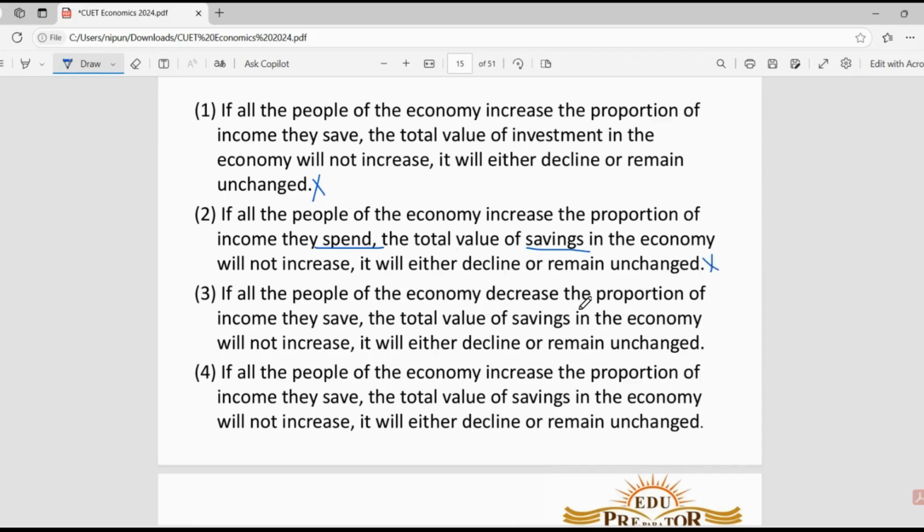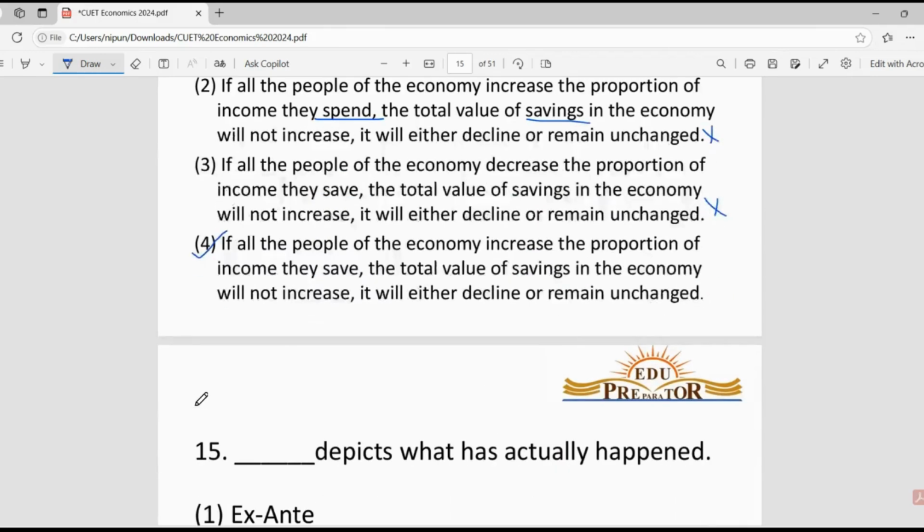If all the people in the economy decrease the proportion of income they save, if all the people tend to save less, the value will not increase. No, this is also incorrect. If all the people tend to save more, the total value of the saving will not increase. It will either decline or remain unchanged. Absolutely correct. Therefore, the correct option to the question is option number 4, paradox.